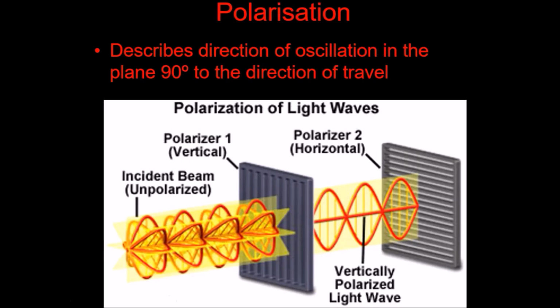Additionally, we could take a polarizer of the same type and place that sideways, so now the polarizer is horizontal in case 2, and block all of the light. So using different filters and different polarizations, we can actually filter out light of different polarizations that we want.